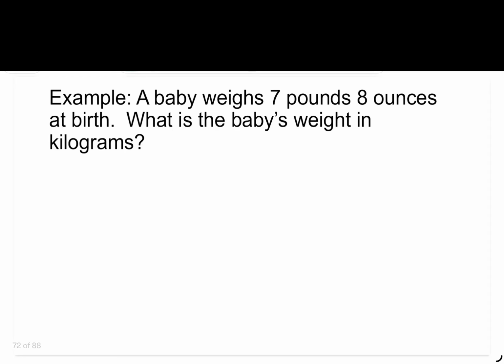Here's another example. In this example, a baby weighs 7 pounds, 8 ounces at birth. What is the baby's weight in kilograms? So what I know is 7 pounds, 8 ounces. What is unknown is the mass in kilograms.